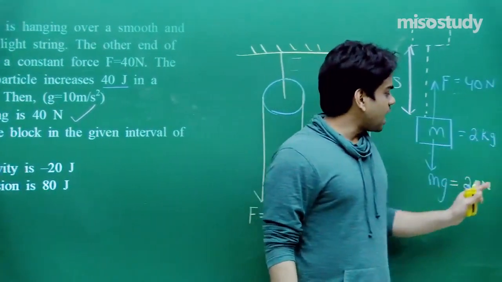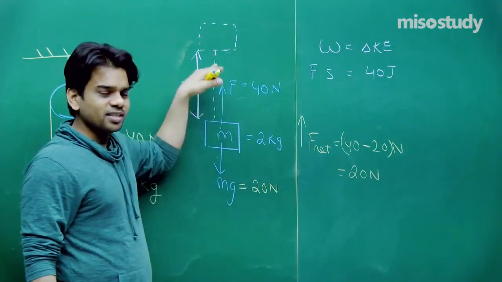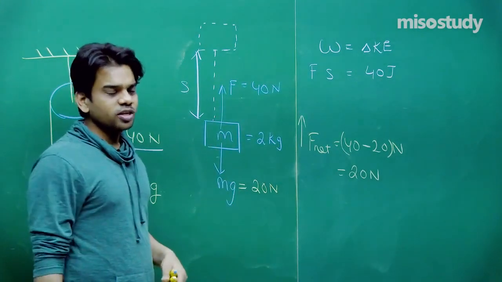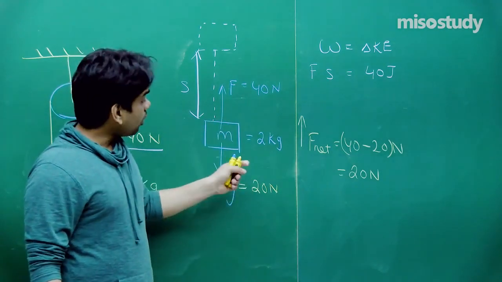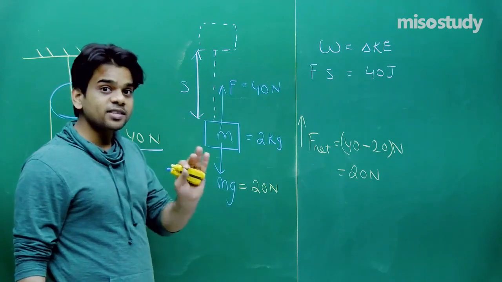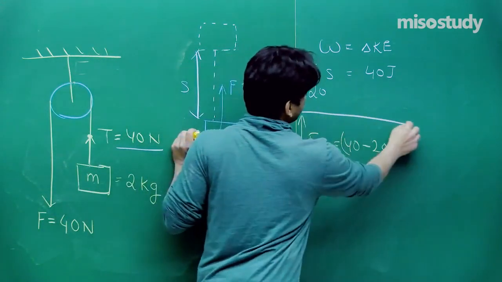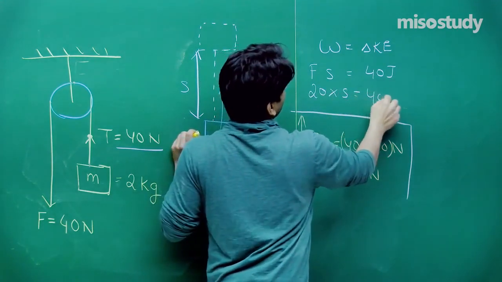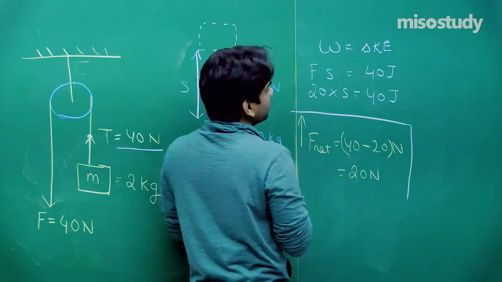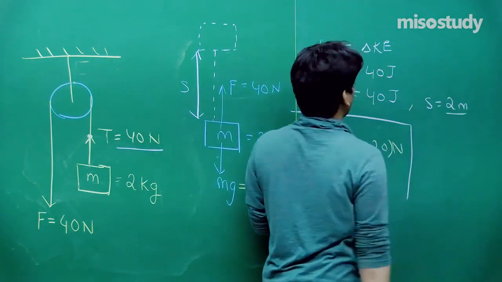Now you must be thinking that its height is raised, but we are not considering the potential energy, because I have taken the net force, so we need to only consider the kinetic energy. So F is 20, and displacement S we need to find out. So 40 joules, so S turns out to be 2 meter. That is also true.